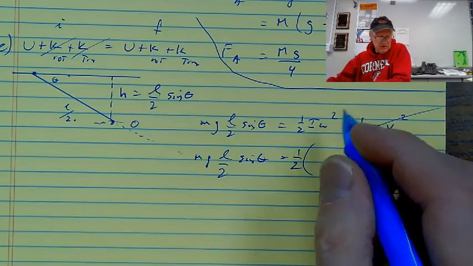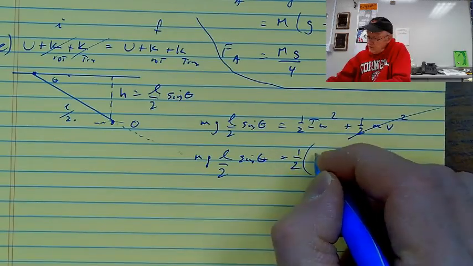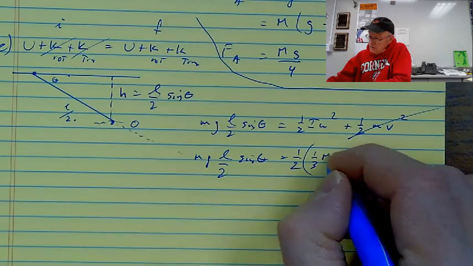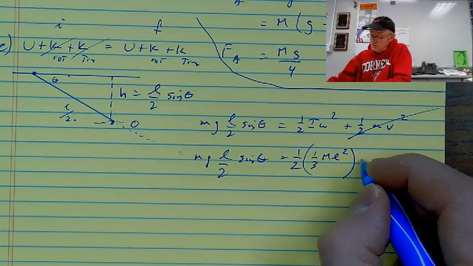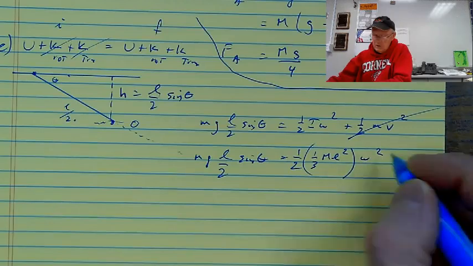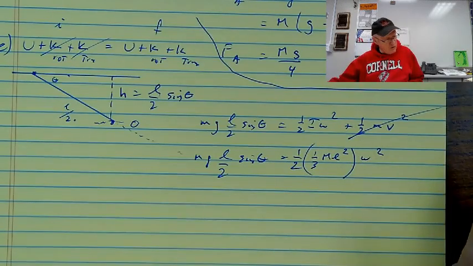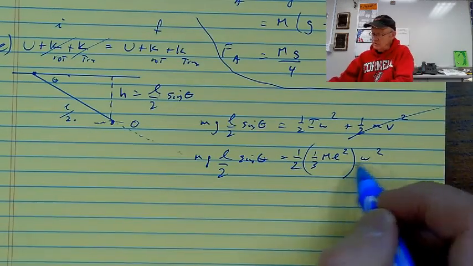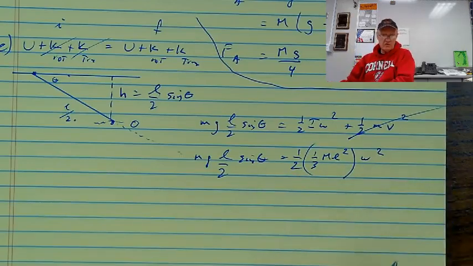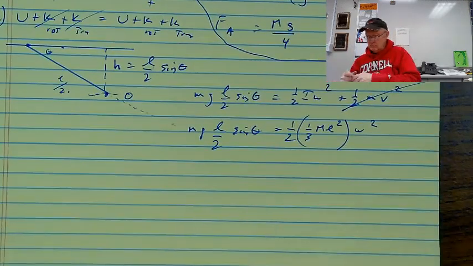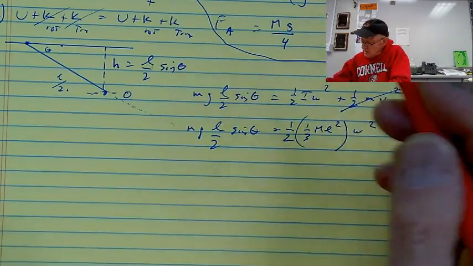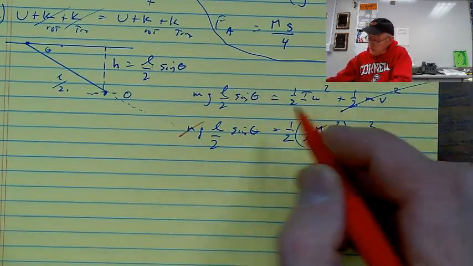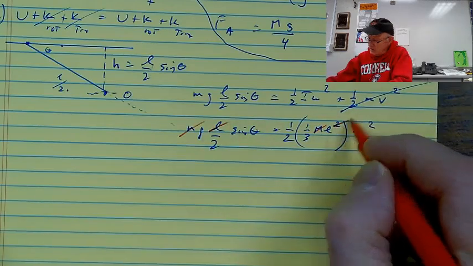A little algebra: the m can go away, an L can go away. I don't think we can do much more than that. A quick cleanup step here: g sine theta over 2 is equal to L omega squared over 6.